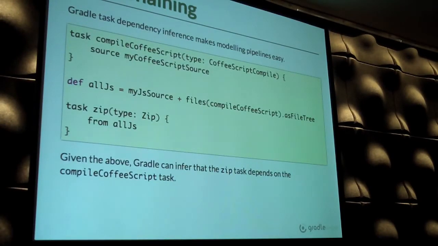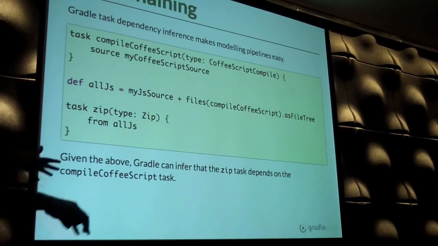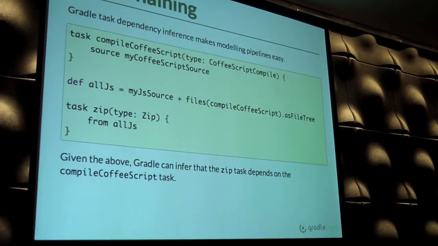The files from the Coffeescript task as a file tree. So we now have a merged file tree that talks about the JavaScript with its hierarchy and the Coffeescript with its hierarchy. And I can feed this to later processing downstream, and the task dependencies happen for me.